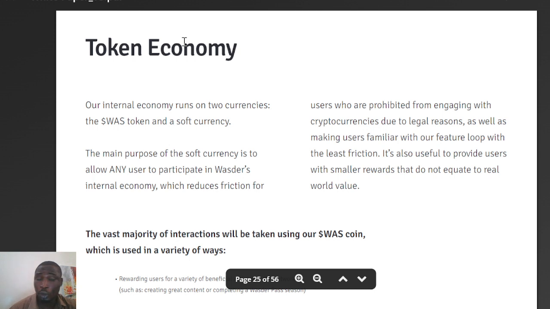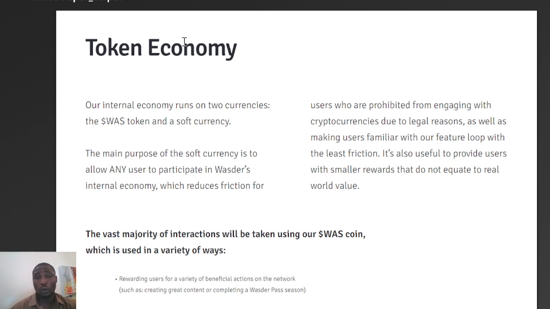Now, when talking about the token economy, one important point you need to understand is that our internal economy runs on both currencies: the soft token and also the software currency. The main purpose of the soft currency is to allow any user to participate in Wasder's internal economy and reduce the friction for users who are prohibited from engaging with cryptocurrency due to legal reasons, as well as making them familiar with our top features with lesser friction.